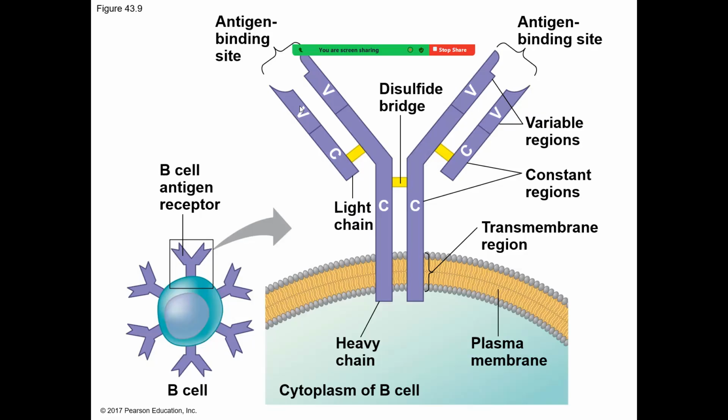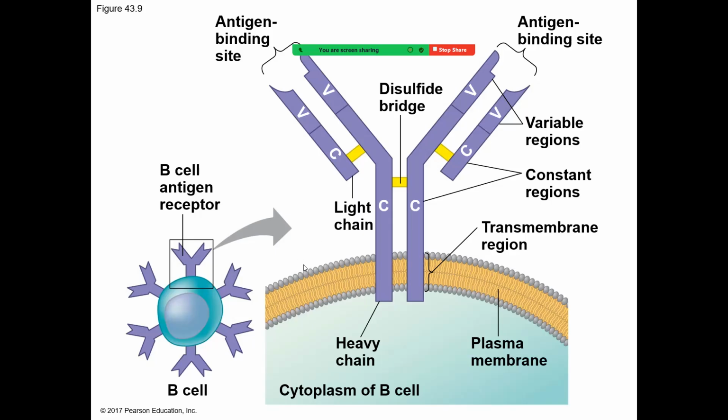The variable region is what is specific to that specific epitope or the region on that antigen. Okay, so variable regions are specific to only that one certain epitope on your antigen. The constant region, these are going to be the same as all other antigen receptors on the B cells.